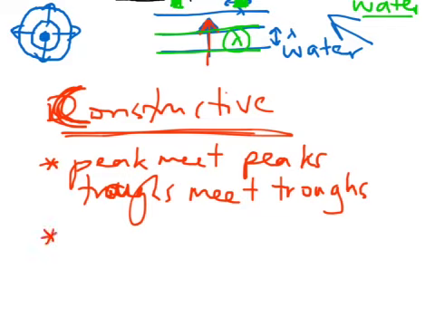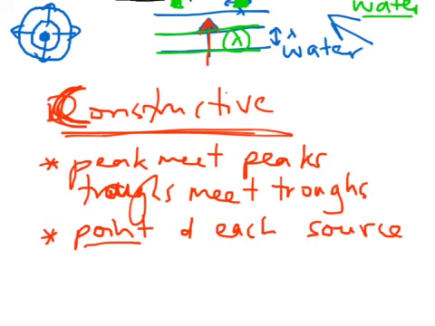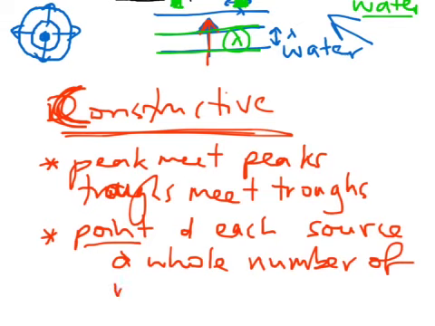And now here's a slightly more technical version of that. For any point, the distance from each source, the two point sources, must be a whole number of wavelengths.